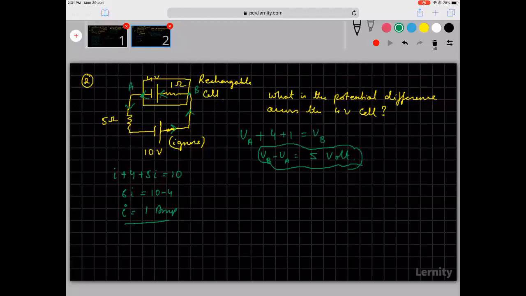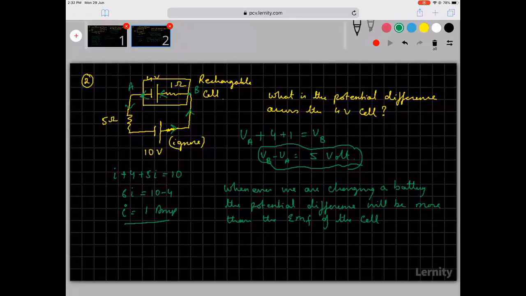Okay, so remember, whenever we are charging a battery, the potential difference will be more than the EMF of the cell.